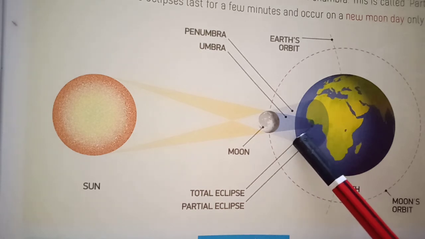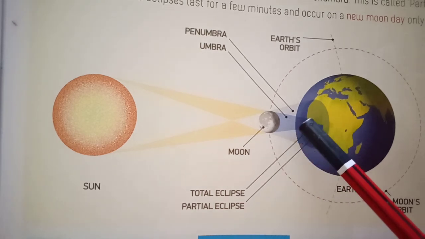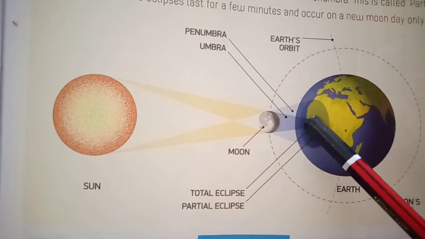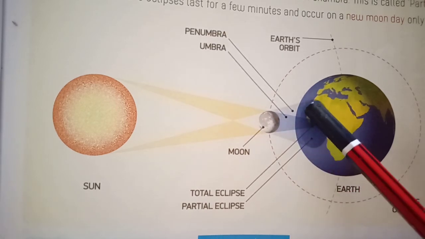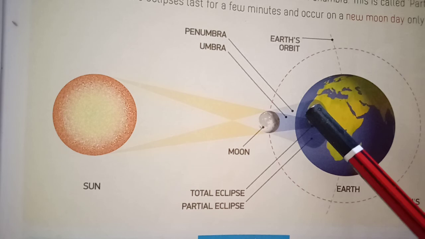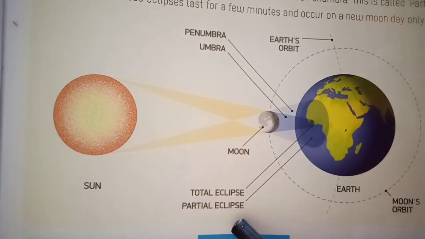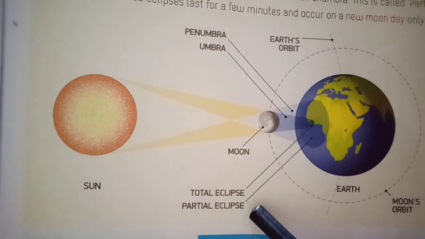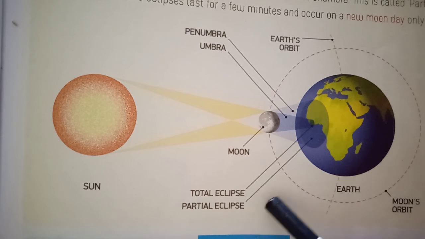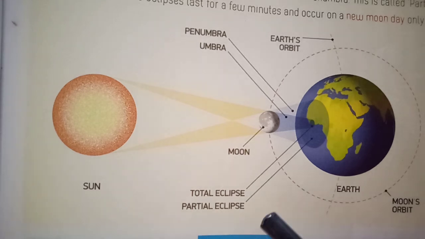Rarely we can see these. The people in the penumbra region can see the sun partially. It is called partial solar eclipse. We can see the solar eclipses for a few minutes or hours on a new moon day only, but not on every new moon.